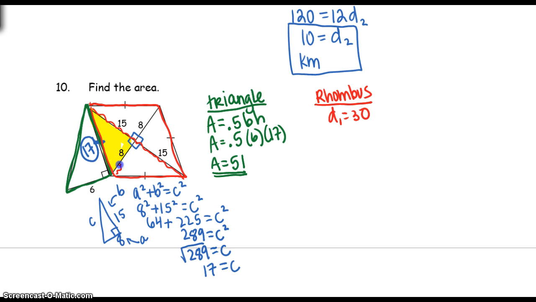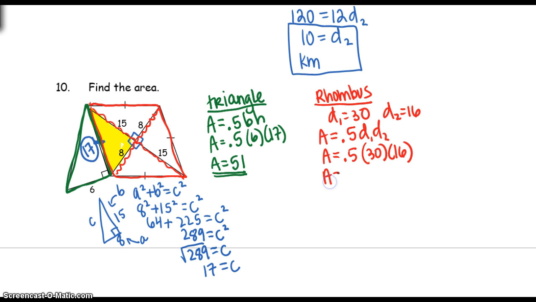And diagonal 2 right here would be 8 plus 8, which is 16. And I know that the area of a rhombus is 0.5 times diagonal 1 times diagonal 2. So the area of the rhombus is 0.5 times 30 times 16. And when you type all that into the calculator, you get 240. It's a whopping number there, right?